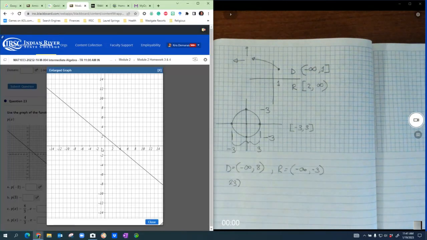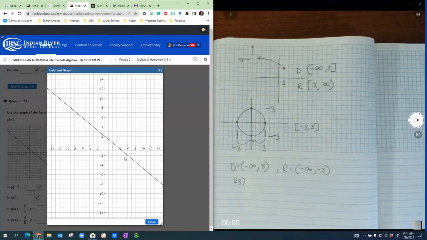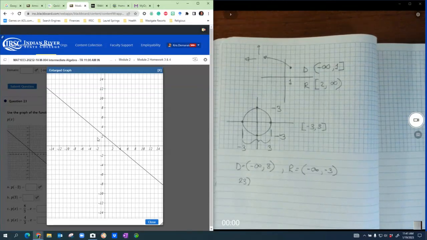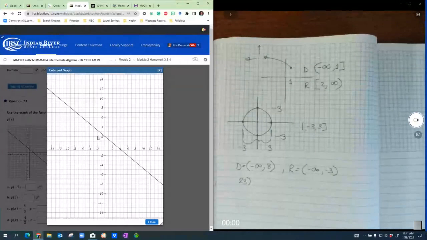I'm looking at the graph for -2 and finding where the line crosses over, or what the output value would be if I put in -2. I'm not at a marked point, but right here at -2, the output value is about 3 point something.